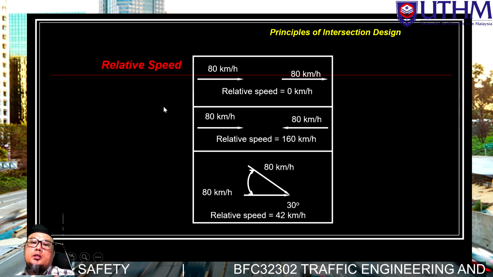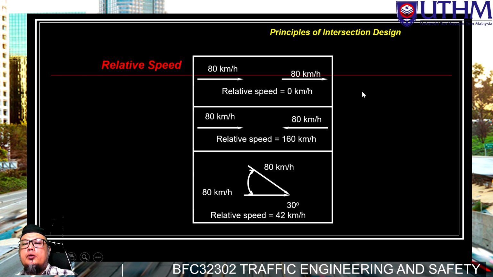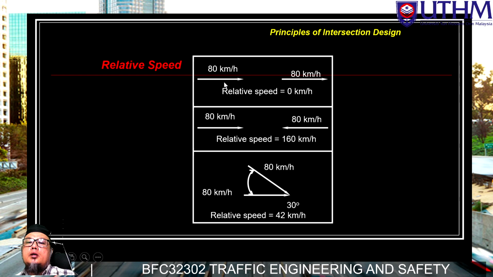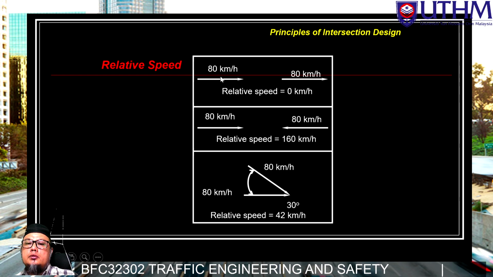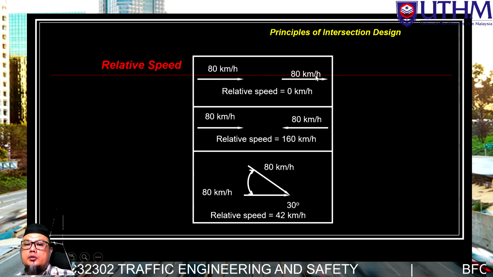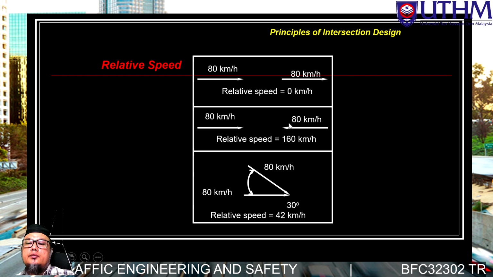If you look at this particular drawing or schematic, if vehicles move in the same direction with similar speed, it creates zero relative speed.